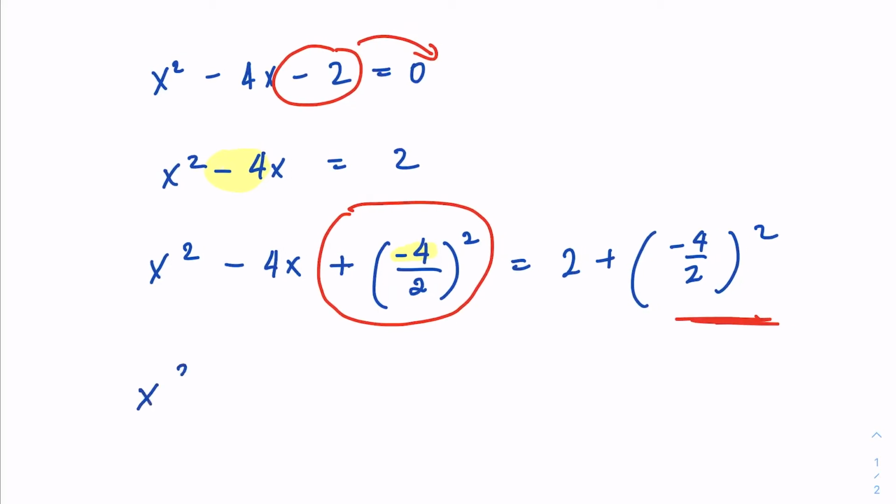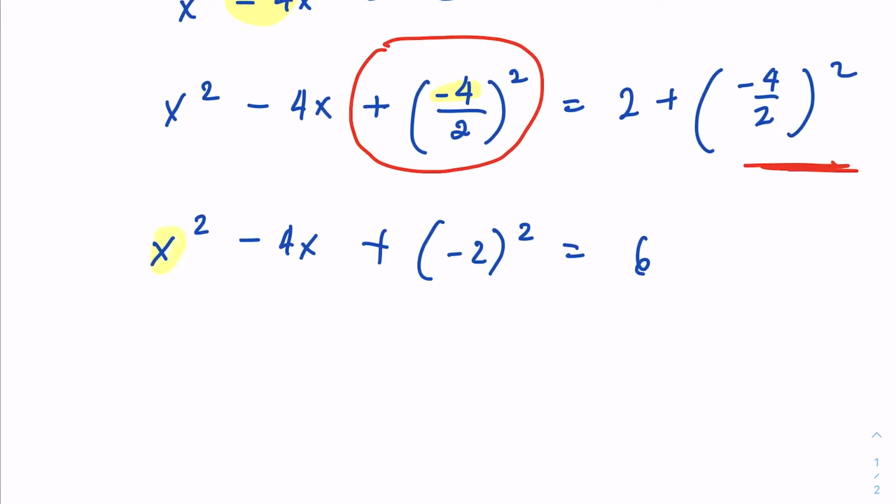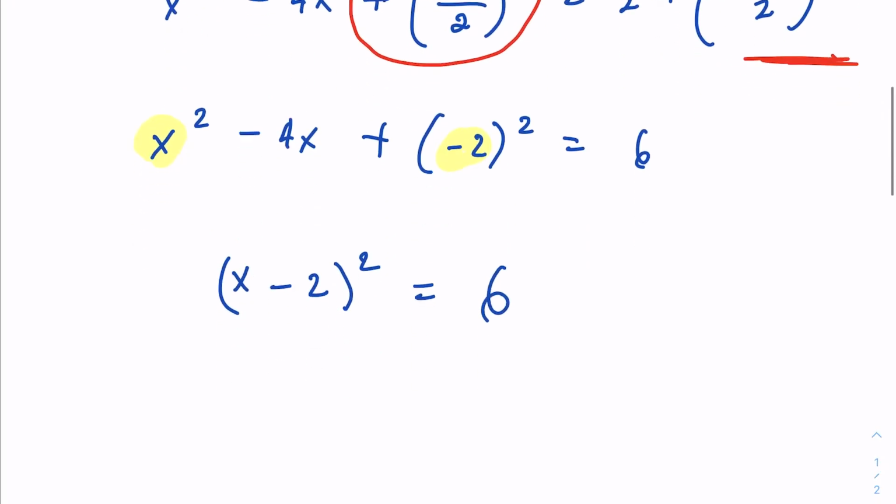The next thing, if I simplify this, for this case, you will get 6. Now, on the left you have these terms combining, which gives you x minus 2 squared equals 6.